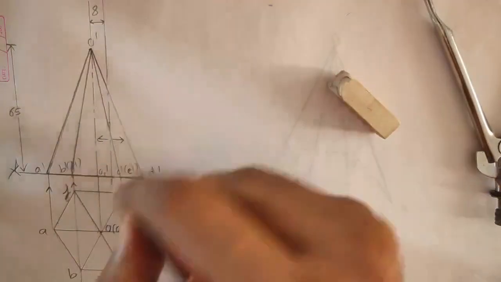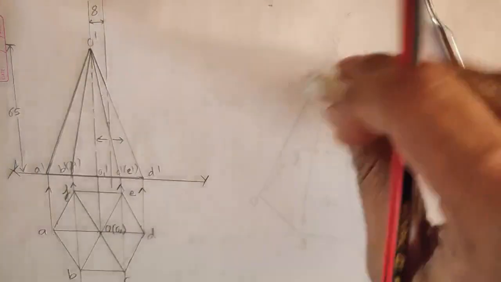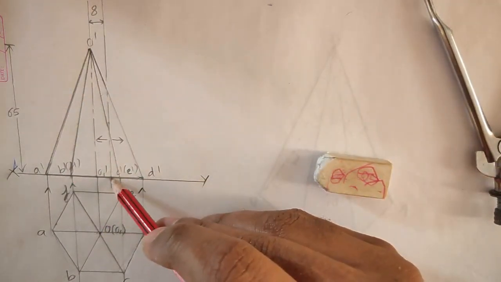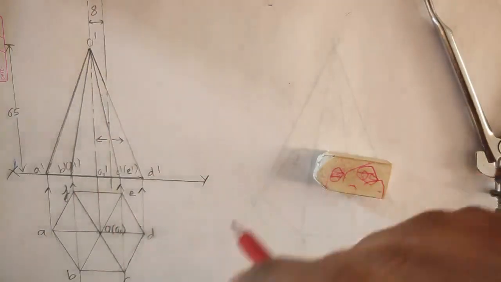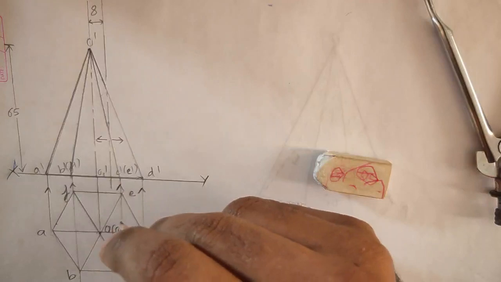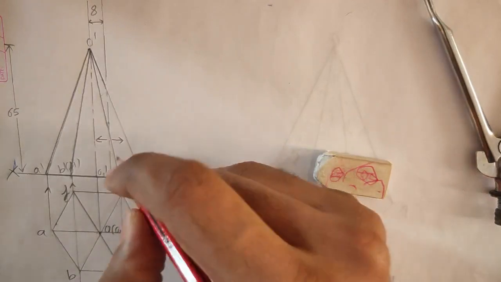So as you can see, this is the left portion and this has to be highlighted. Now once you are done with highlighting, we have to mark the intersection points.